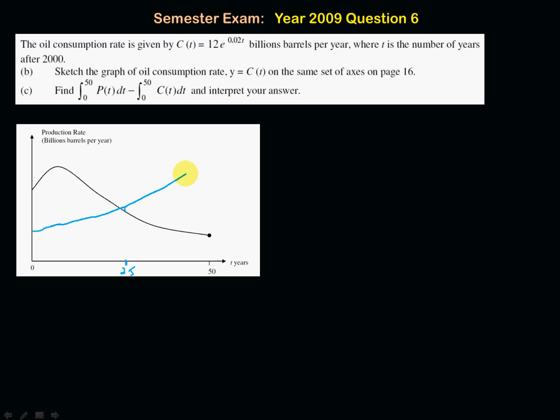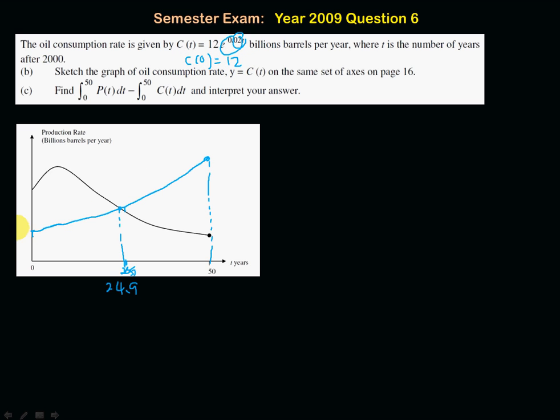This point here, you should label it correctly, is roughly 24.9. Because you can use technology to graph it, there's no excuse that you can't label this 24.9. And here you can also find the intercept: when t is 0, e to the power 0 is 1, so C(0) we know is 12. So this should be labeled 12.